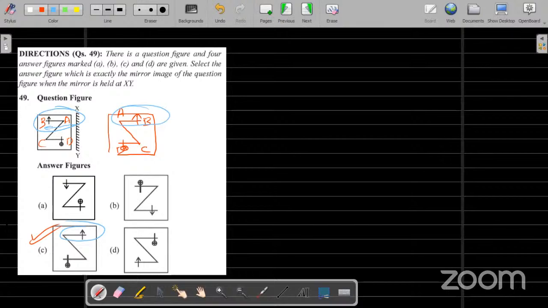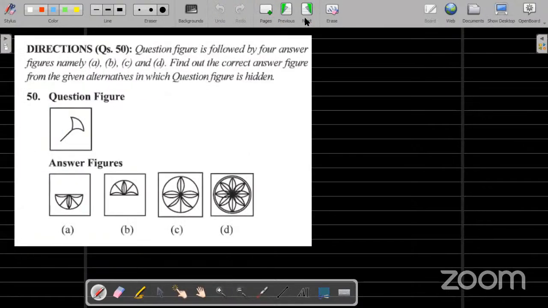Okay. Fine. Next one. A question figure is given, and this portion is hidden in one of the answer figures. We need to find out the answer figure that includes the question figure. Now it cannot be option A or B anyway.